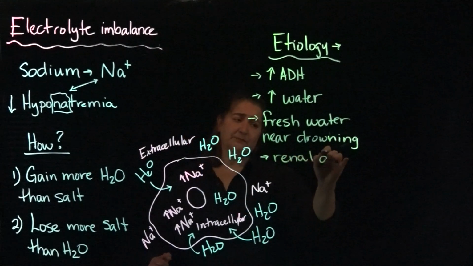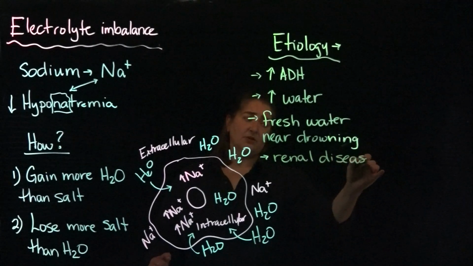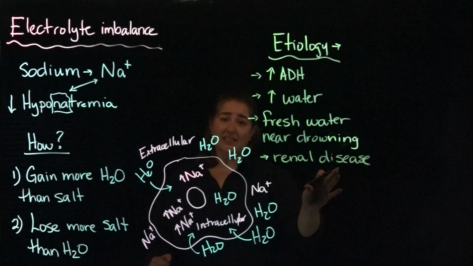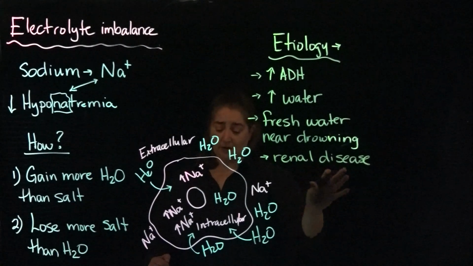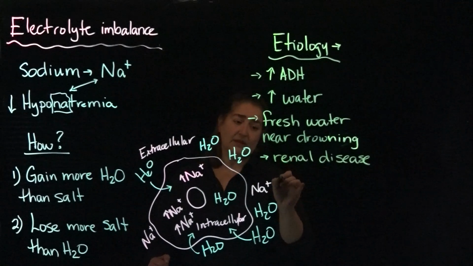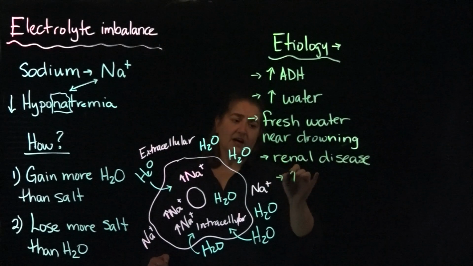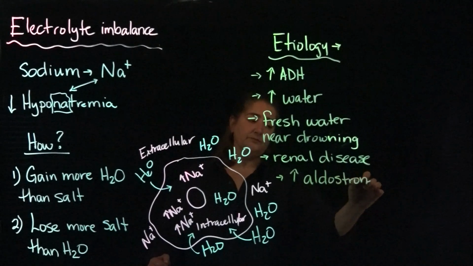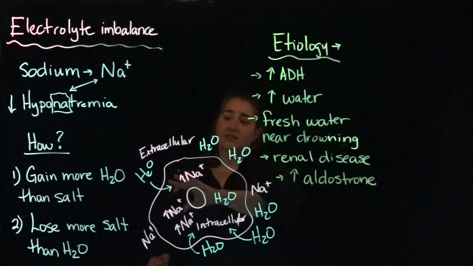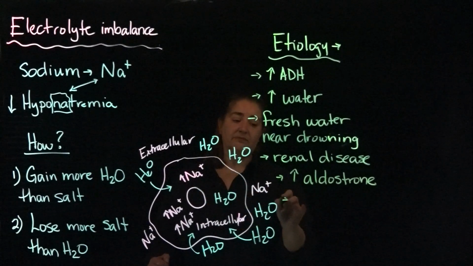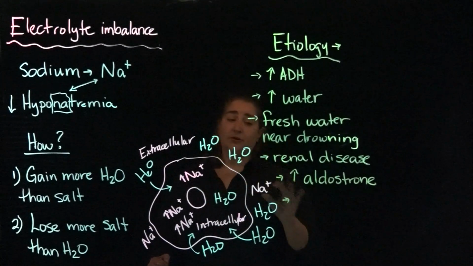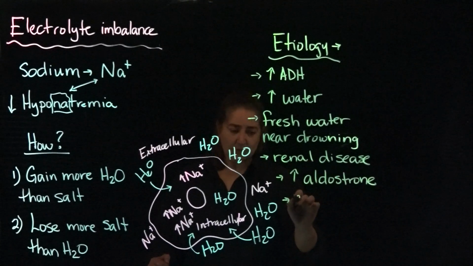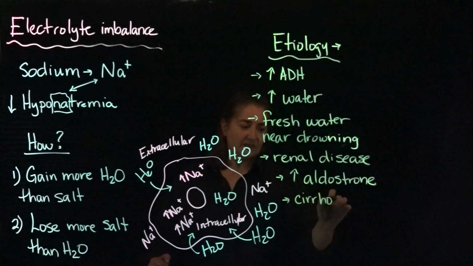Renal disease can also contribute to low sodium levels because the kidney is very important in balancing water and sodium in the body. High levels of aldosterone can also result in decreased sodium and therefore increased water, increased fluid retention. Cirrhosis of the liver.